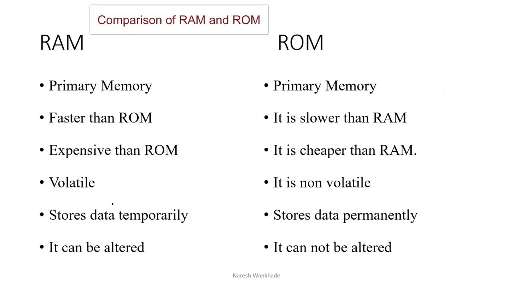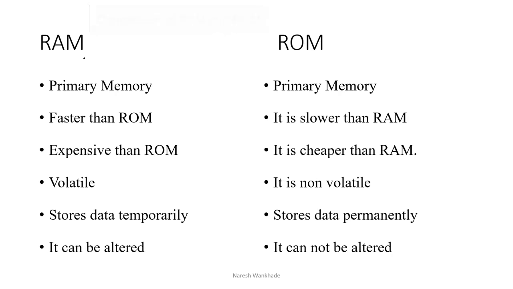Let's see the comparison of RAM and ROM. RAM is random access memory, जो हमने previous video lecture में देखा है. ROM is read-only memory. Both are primary memories.